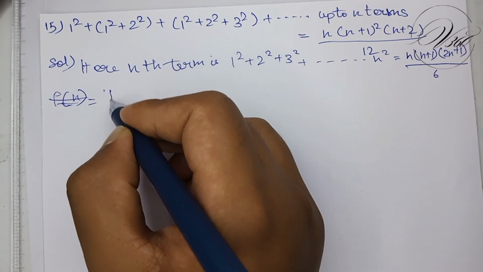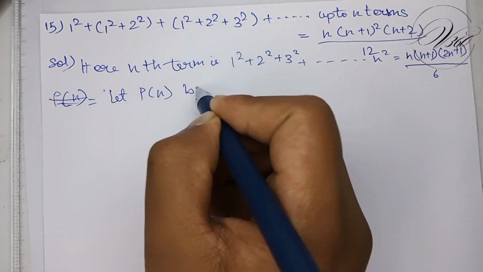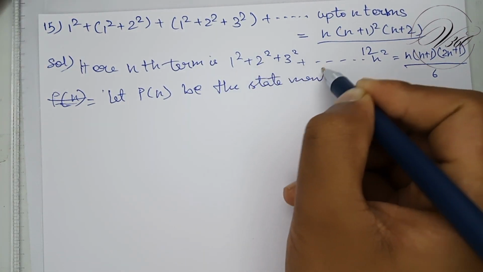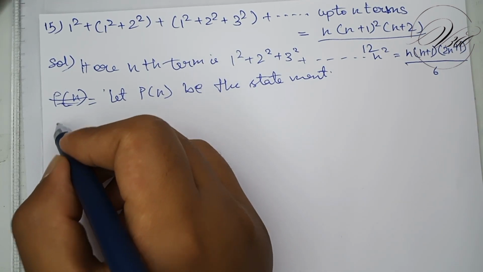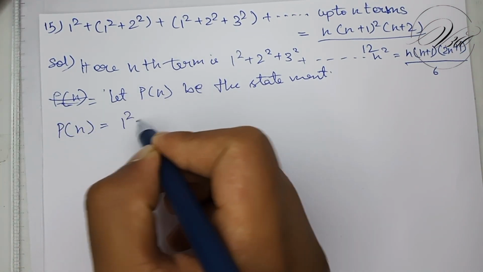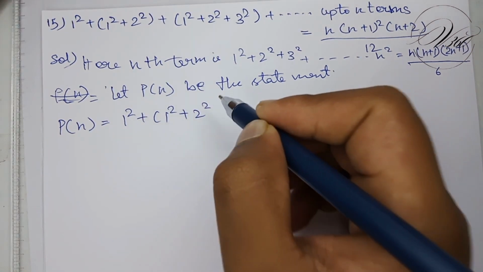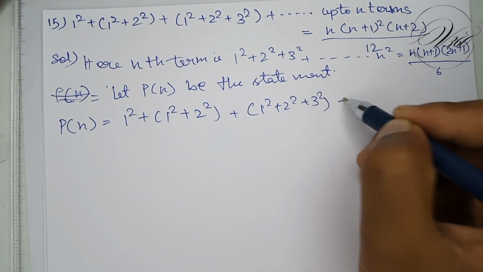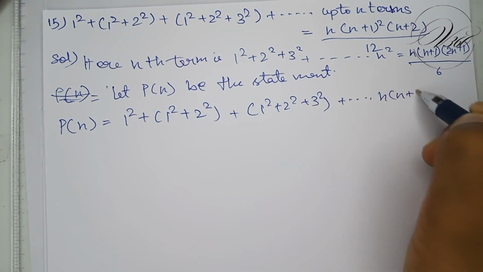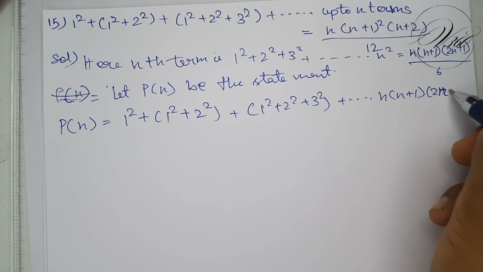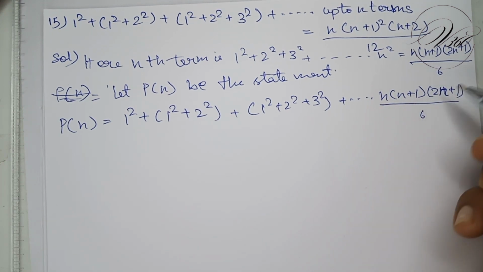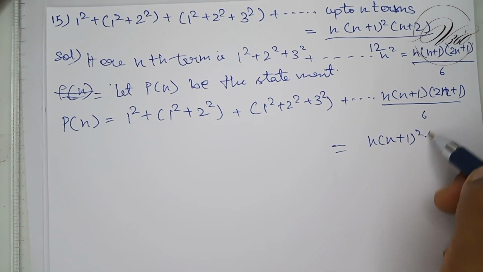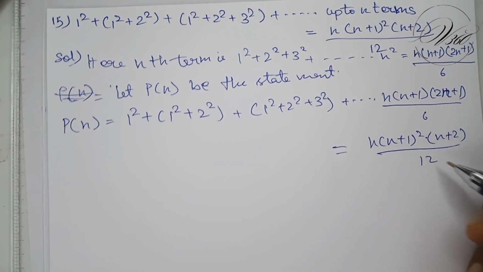Yeah, here let p of n be the statement, then we'll write p of n is equal to 1 square plus 1 square plus 2 square plus 1 square plus 2 square plus 3 square plus up to n of n plus 1 of 2n plus 1 by 6, which is equal to n of n plus 1 whole square of n plus 2 by 12.